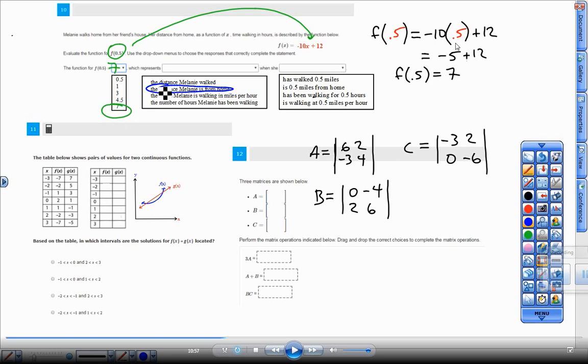So when I plug in negative 5, half of negative 10 is negative 5, plus 12 is 7. I circled the 7 for this pull down.